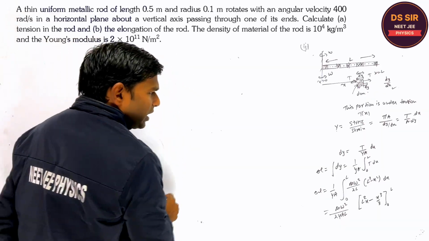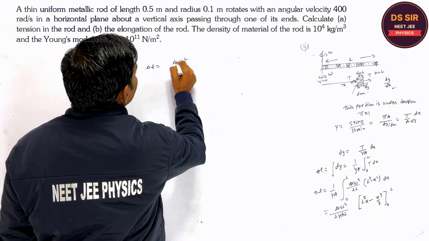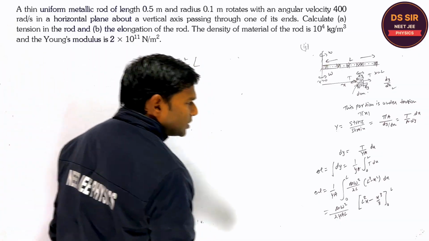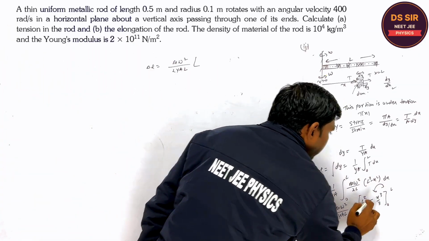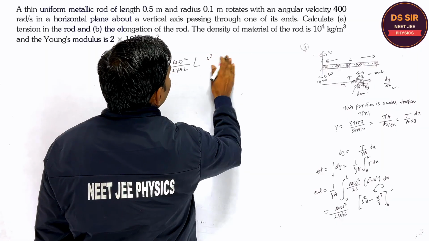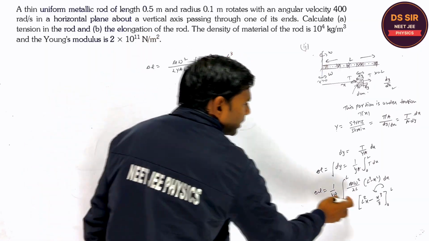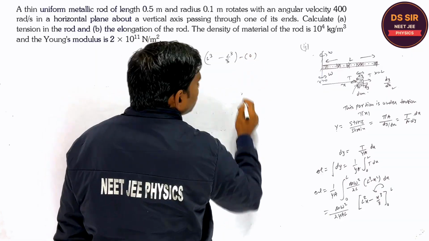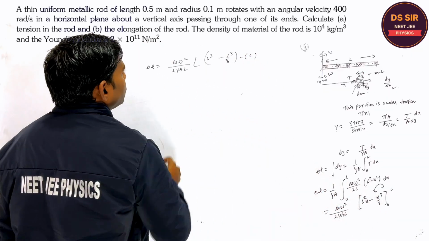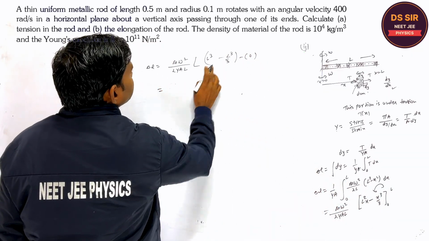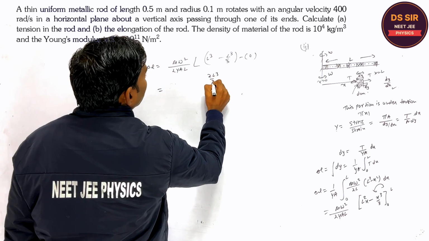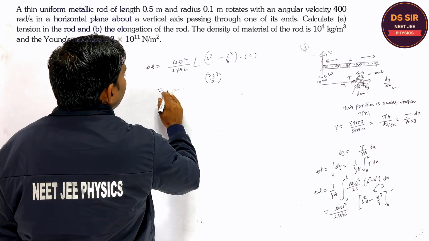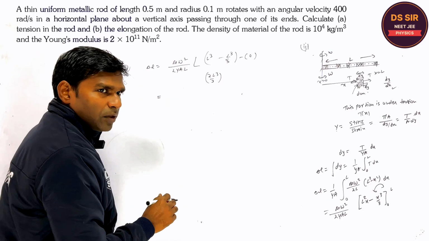This is the delta L: m omega square upon 2YAL. Put L, so it becomes L cube minus L cube upon 3. And when you put 0, it becomes 0. So this will become 2L cube by 3. Right. So m omega, what is m? M is the mass of the rod.